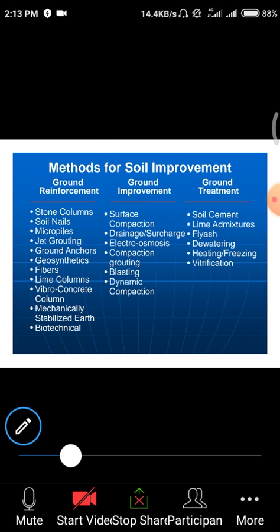And the third one is micro piles. These micro piles are used in construction below the foundation level. Normally in structures we have a foundation to transfer the stresses developed due to the loads acting on it. In a structure, from the top level we have a slab, after that a beam, after that a column, and after that the foundation.